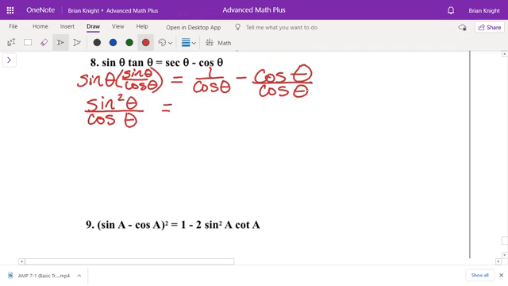On the top, which makes it cosine squared. And now, what is 1 minus cosine squared? Equal to sine squared theta over cosine theta. Same thing.